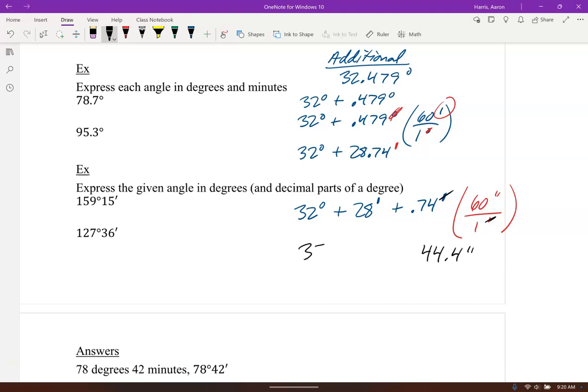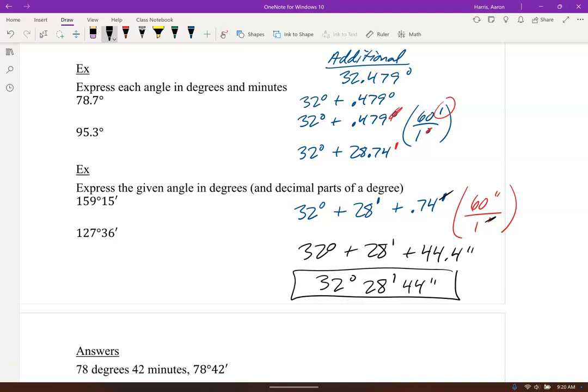So what I have is 32 degrees, 28 minutes, and 44.4 seconds. And you can just round the last one, so 32 degrees, 28 minutes, 44 seconds. The 0.4 doesn't go up, it just stays at 44.